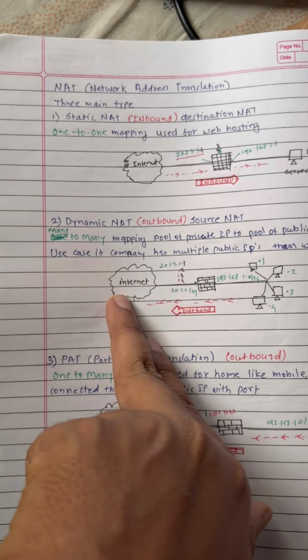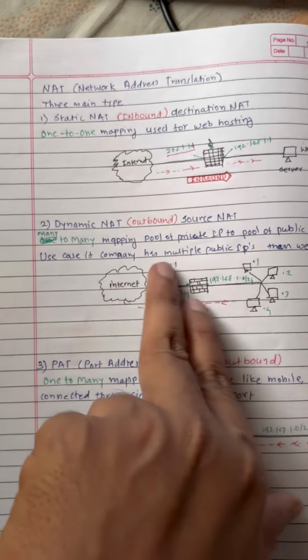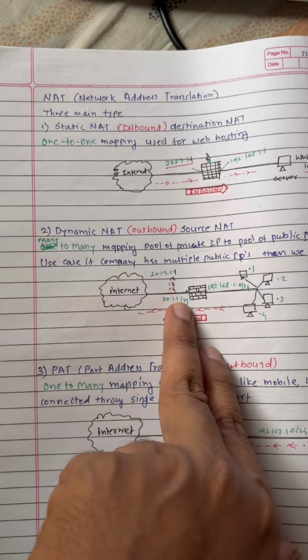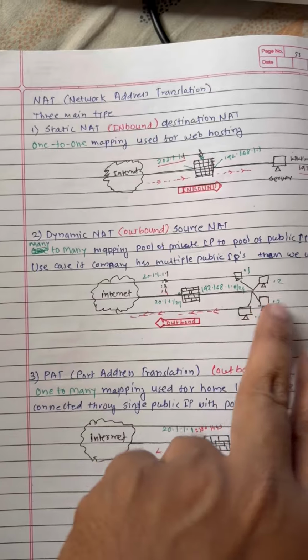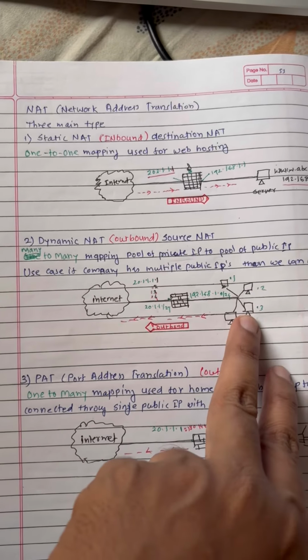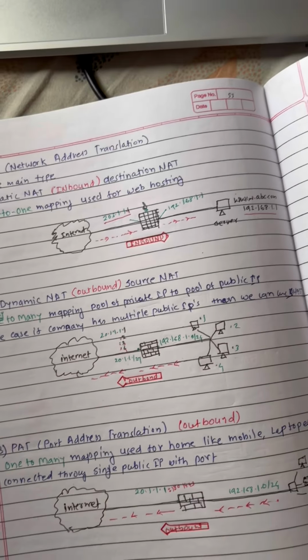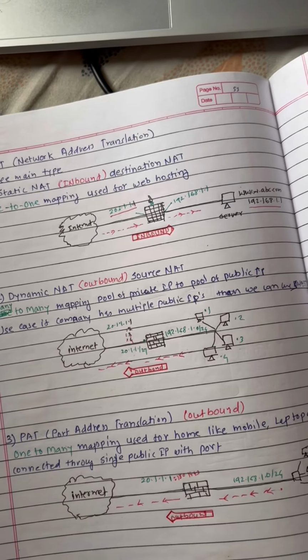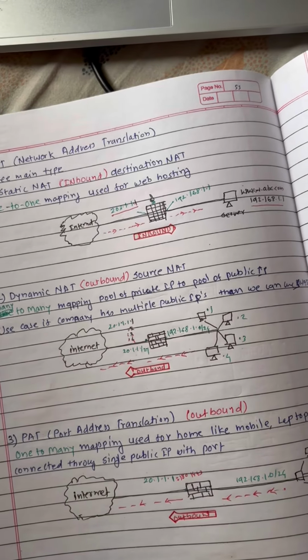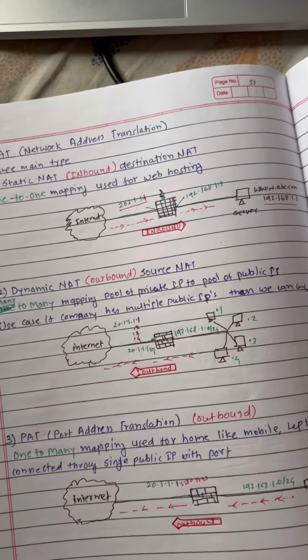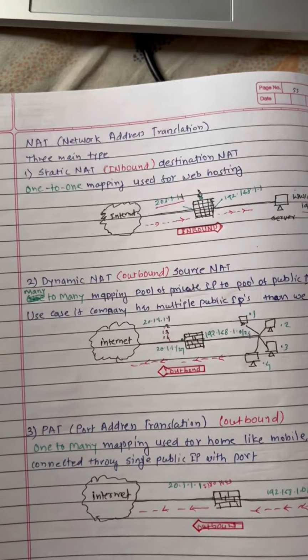Okay, and this is many-to-many, meaning there are multiple public IP addresses available for NATing. Okay, and the use case is if a company has multiple public IP addresses for different purposes, like if you have an ISP or cloud infrastructure, there multiple public IP addresses are used.